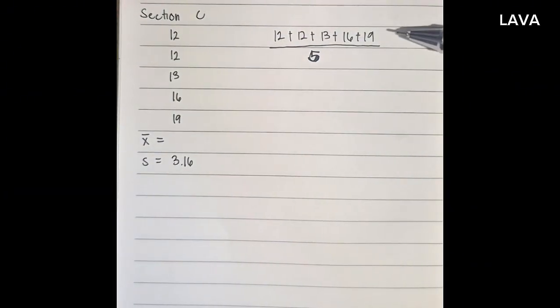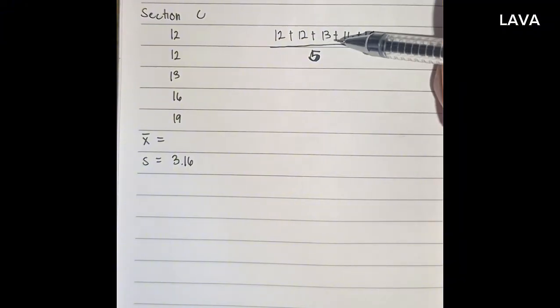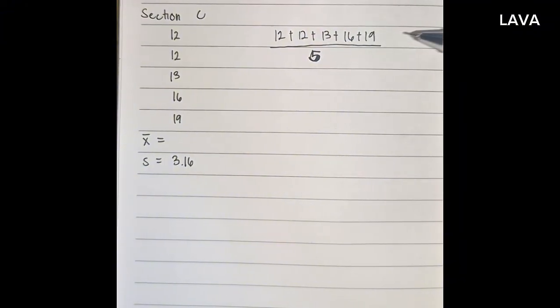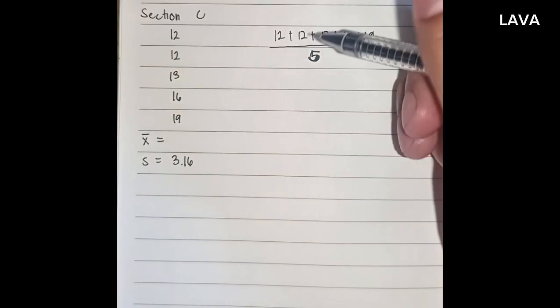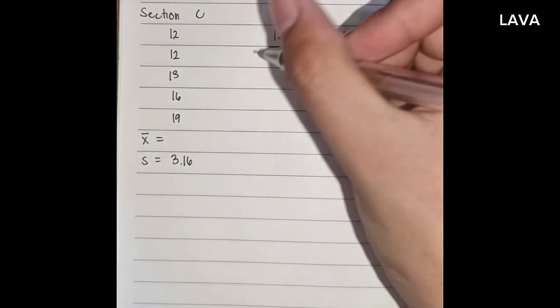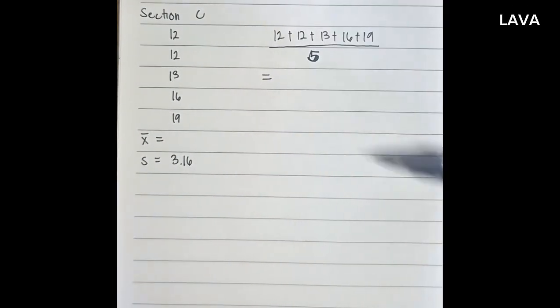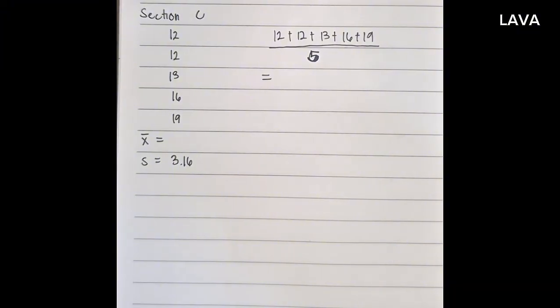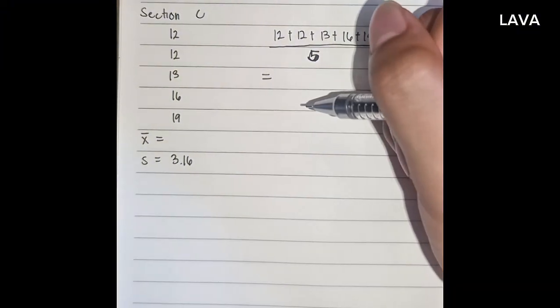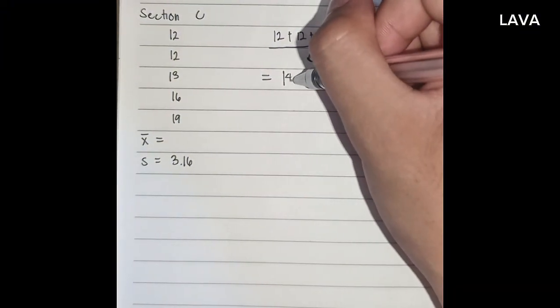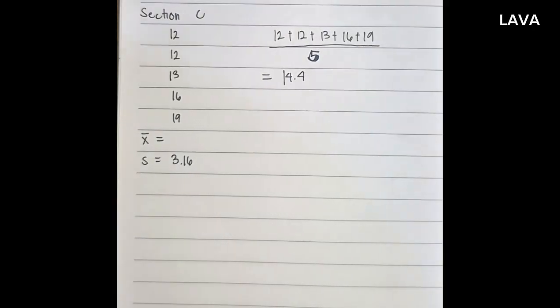So here's the formula: 12 plus 12 plus 13 plus 16 plus 19, then divided by 5. So equals 14.4.